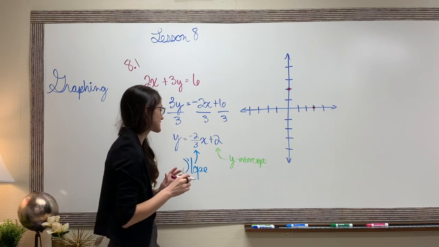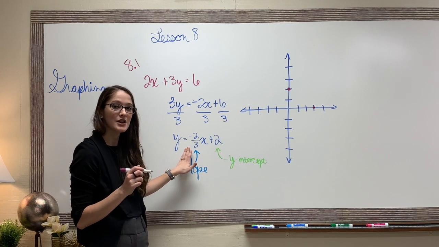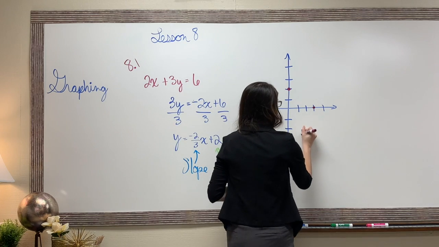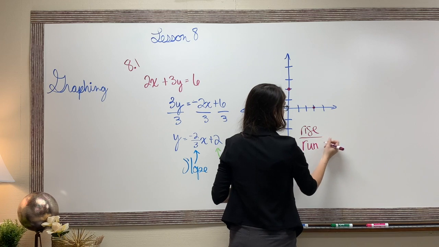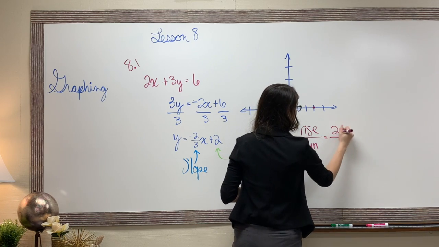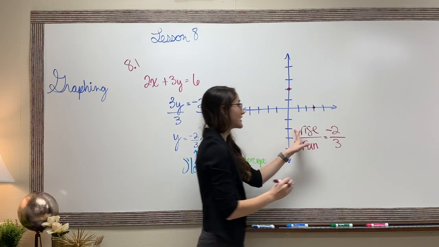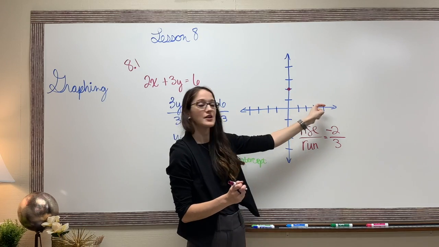With slope, whenever it's listed as a fraction, we call that the rise over run. So in this case, we had a rise of negative 2, which means I'm going to go down 2. And then I had a run of 3.